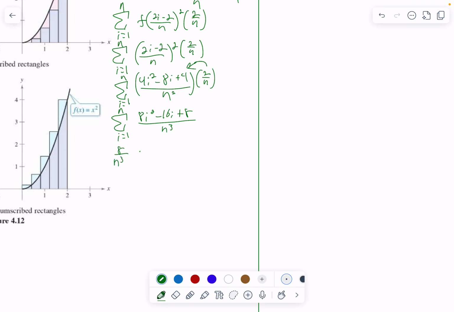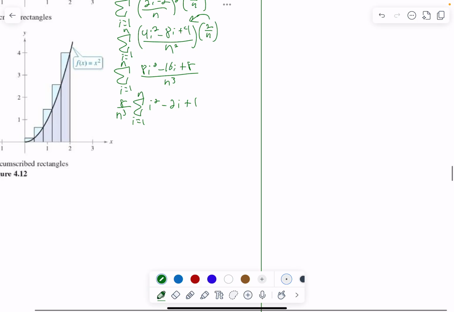All right, and I can rewrite that as the sum from i equals 1 to n of i squared minus 2i plus 1, times 8 over n cubed. Why don't we write these summations out, just because we're still new at this.